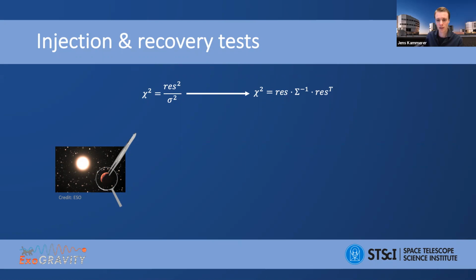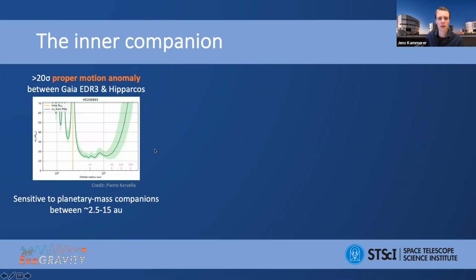And this can be done for pretty much every system. You can create this kind of plot, making the assumption that the anomaly is caused by some companion in the system. And then you can make this plot showing which kind of companions you would be sensitive to given the anomaly and given the specific observations of Gaia.